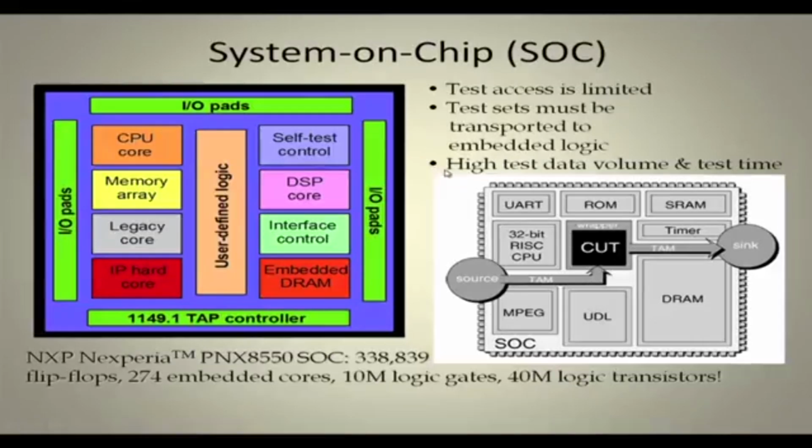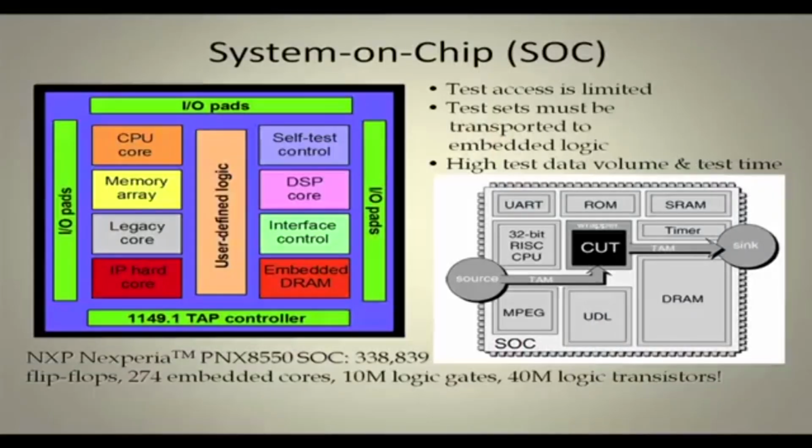The third important point is high test data volume and test time. High test data volume, because there is a large number of patterns for every core, and there are a large number of cores, so total test data becomes very large. Can we store so much test data in the ATE memory? That becomes a fundamental question. If the answer is no, then we have to use some sort of test vector compression mechanism, and as soon as we do that, a decoding stage comes in.